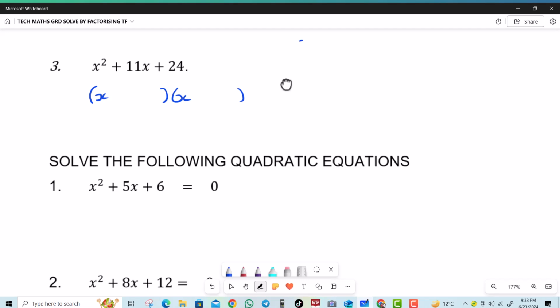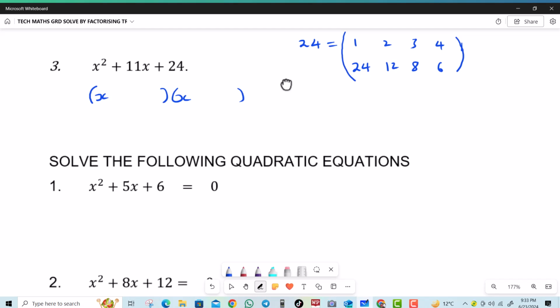What are the factors of 24? 24 is the same as 1 times 24, or 2 times 12, or you can talk about 3 times 8, or 4 times 6. So these are the factors which we have for 24.